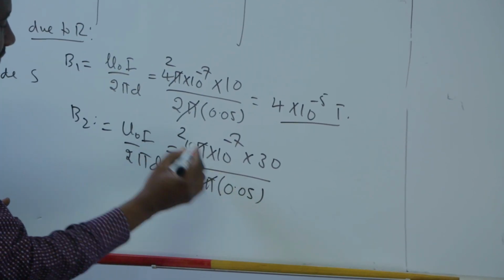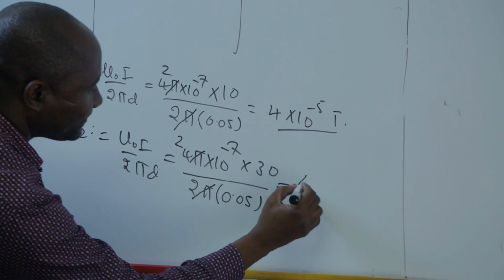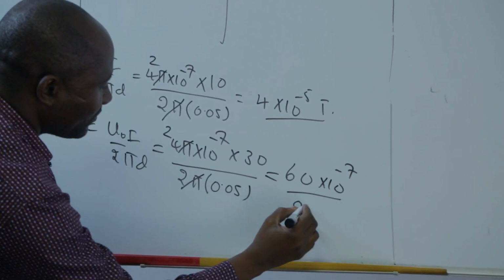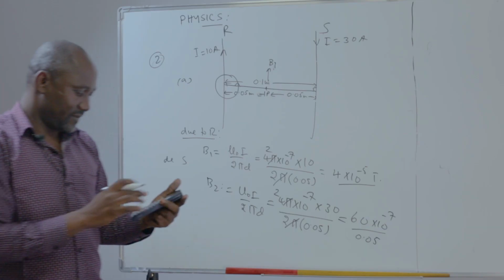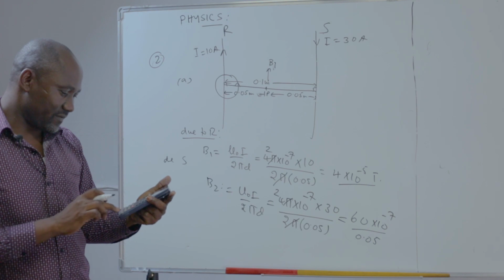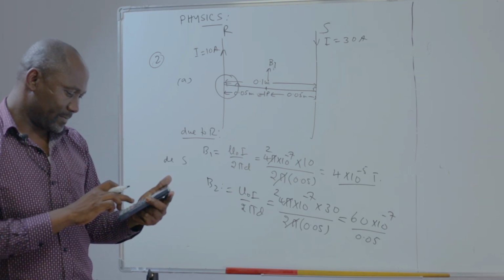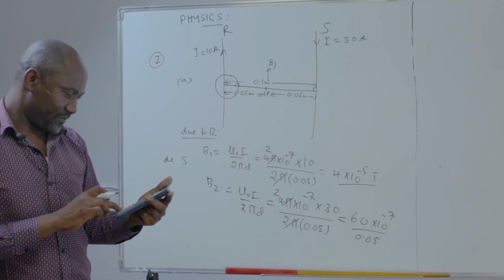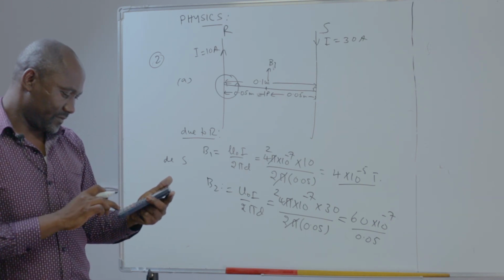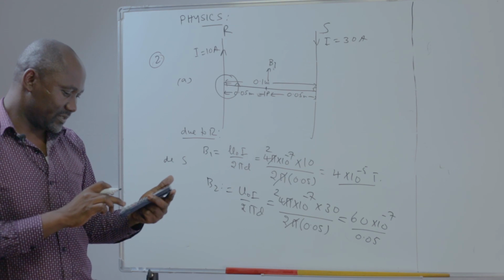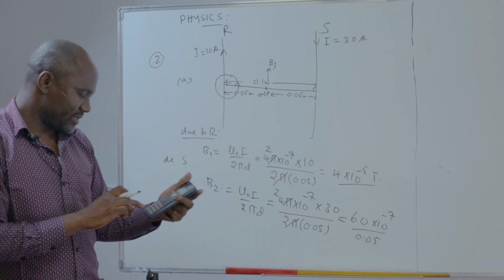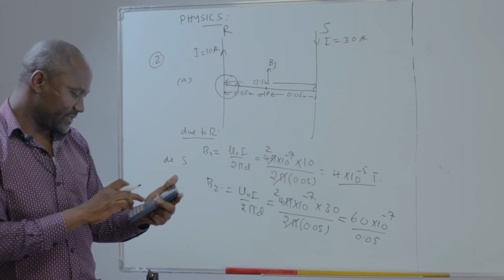This is 2, which is giving us 60 times 10 negative 7 divided by 0.05. 60 divided by 0.05, and then multiply by 10 power negative 7.